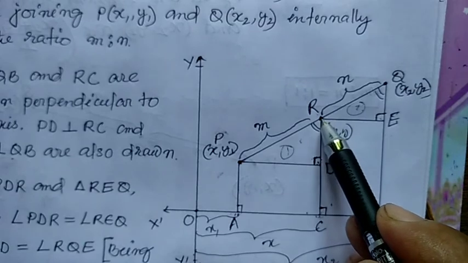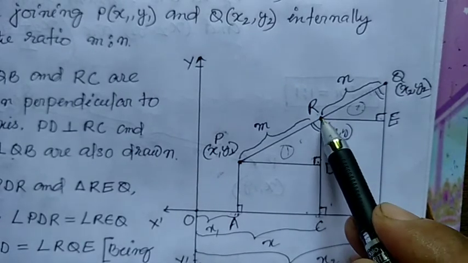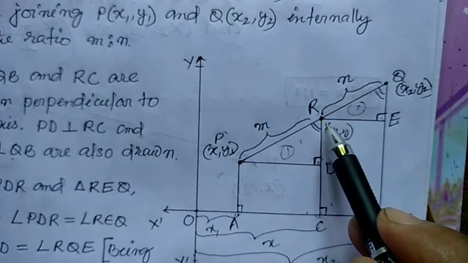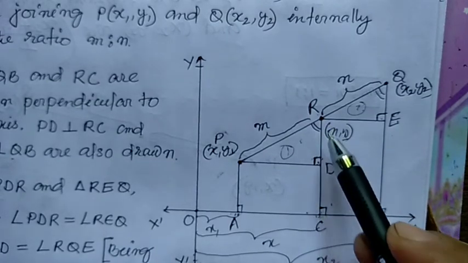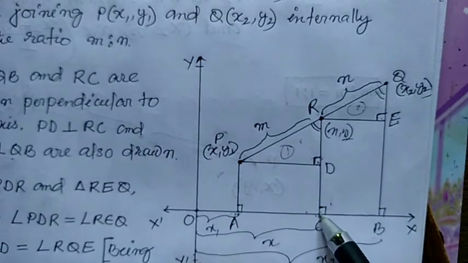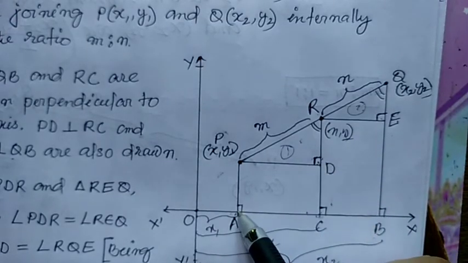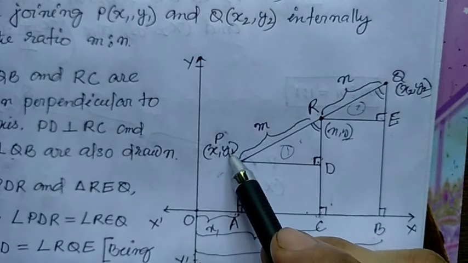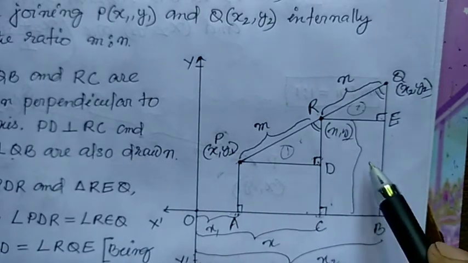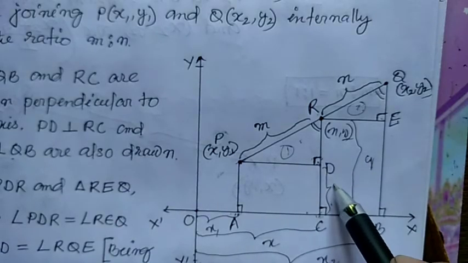But now we have to write for only RD. Then we take only the ordinate. So RD can be written as, this means from C to R, distance is y, and from C to D is equal to A to P. This length is y1. So from here to here is y, and from here to here is y1.